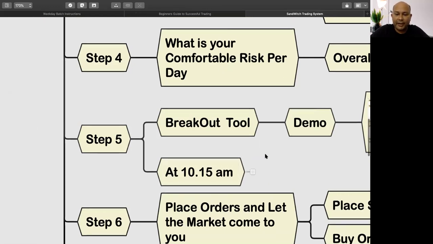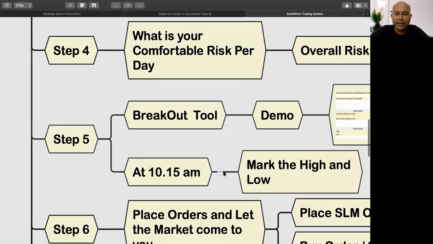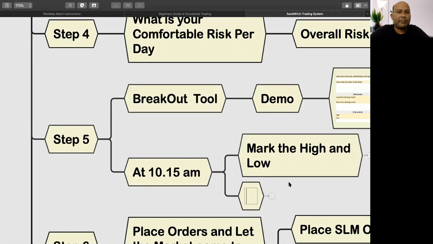At 10:15, mark the high and low of that particular day, which will eventually be for only 1 hour. Update the high and low in the sheet.